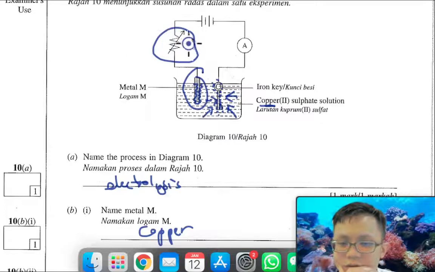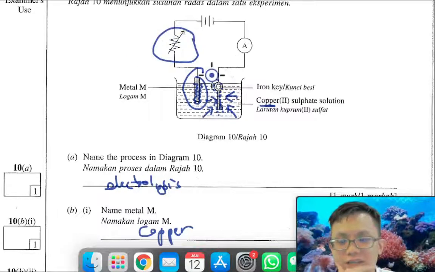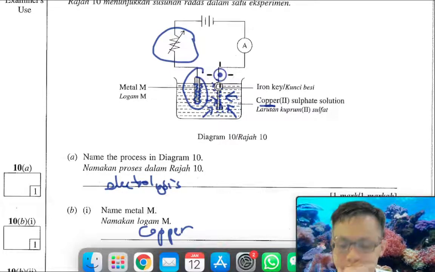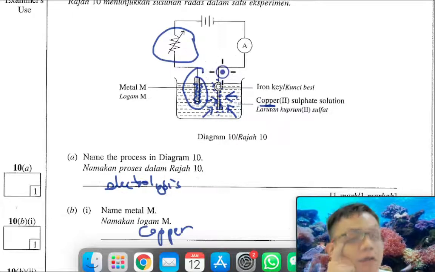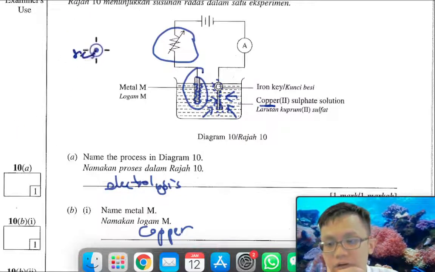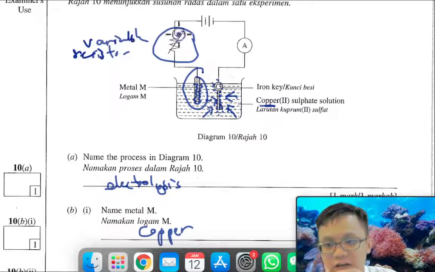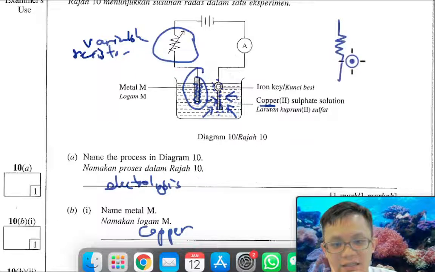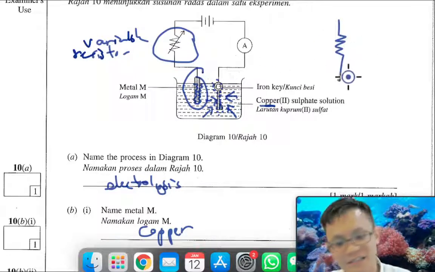What is this thing? This thing has an arrow. What does it mean? Is it a conductor? This one is called a resistor. Oh, resistor. Okay, if it has an arrow it is a variable resistor. If just like that, it is just a resistor.